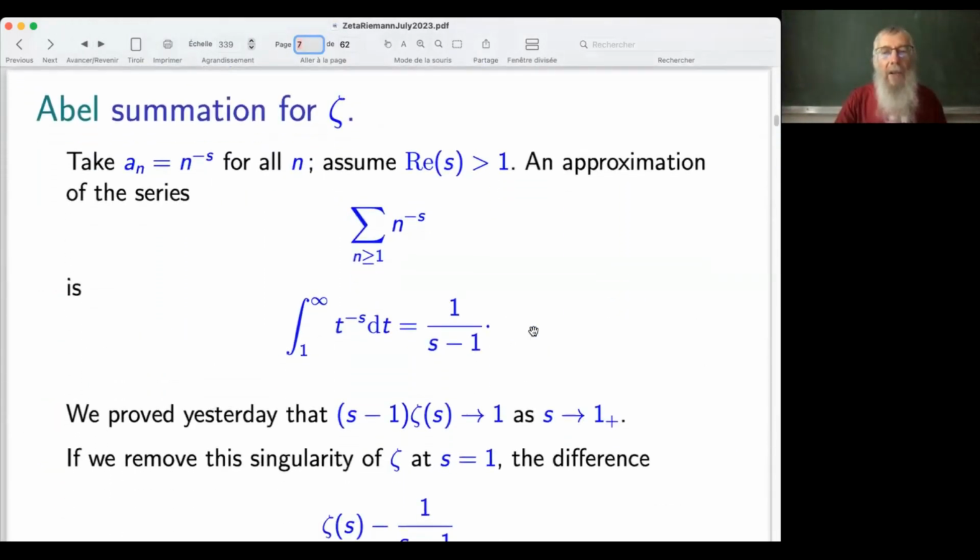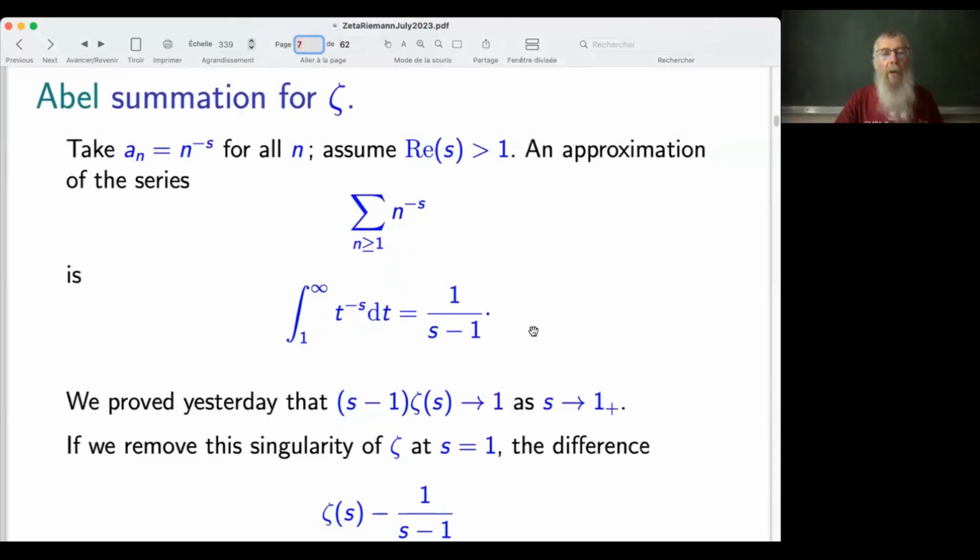This Abel summation formula gives another proof of the fact that the Riemann zeta function can be extended as a meromorphic function for real part of s greater than 0. And for that, you consider a_n equal to n to the minus s. You start with real part of s greater than 1.